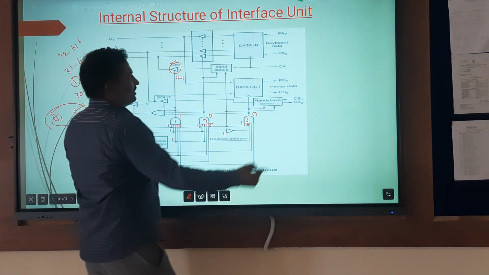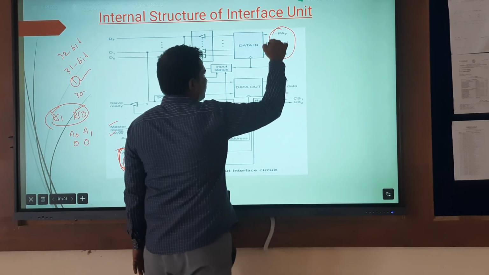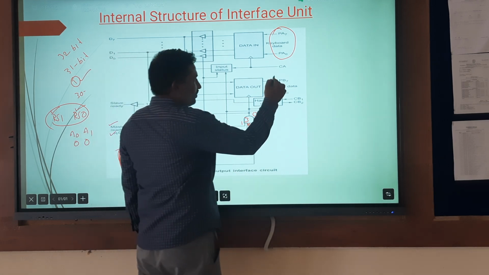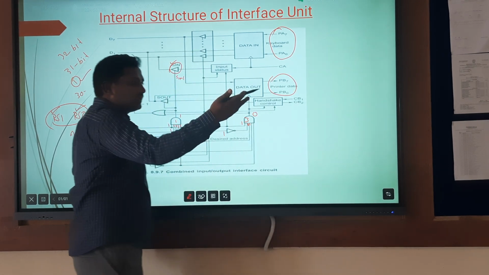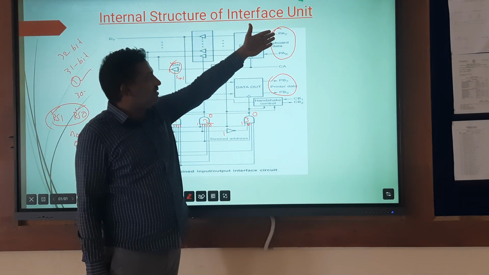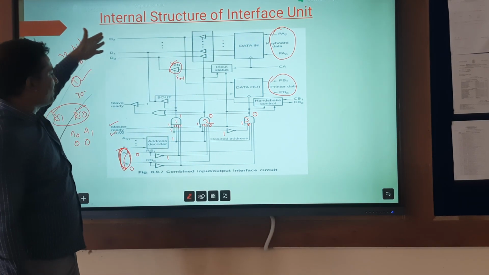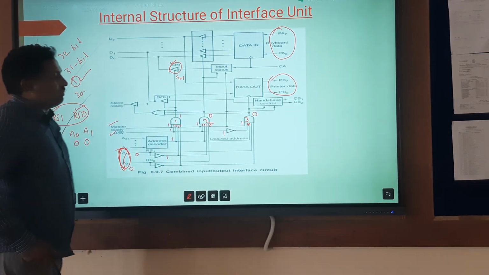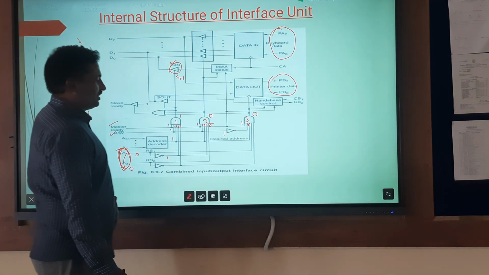See my friends, here we are having 8 separate input lines for the input operation. We are having 8 separate output lines for the output operation. Yes or no? These lines will be used to perform the input operation and these lines to perform the output operation.